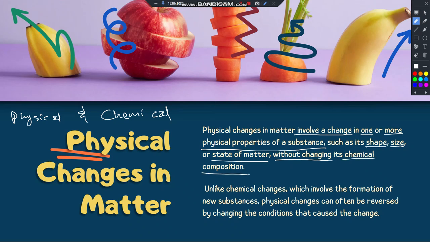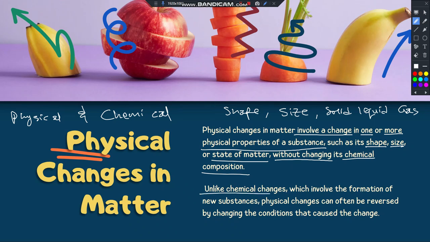So whenever a physical change occurs, the things that change or are altered are things like shape, how it looks, size, how big or small it was, and then state of matter. Was it a solid? Was it a liquid? Or was it a gas? These are the things that physical changes in matter alter.